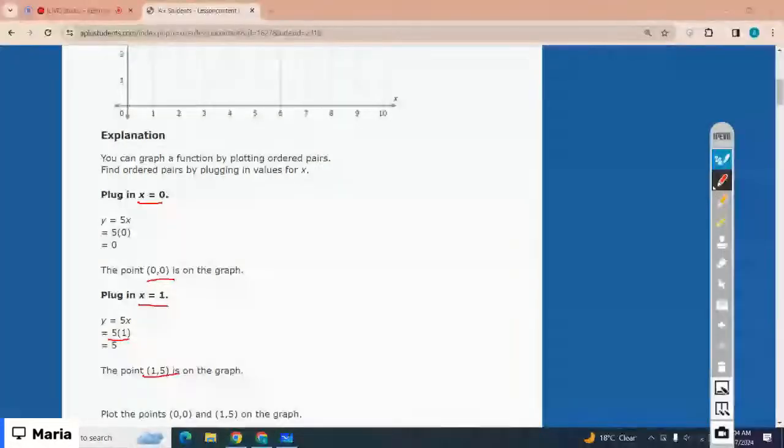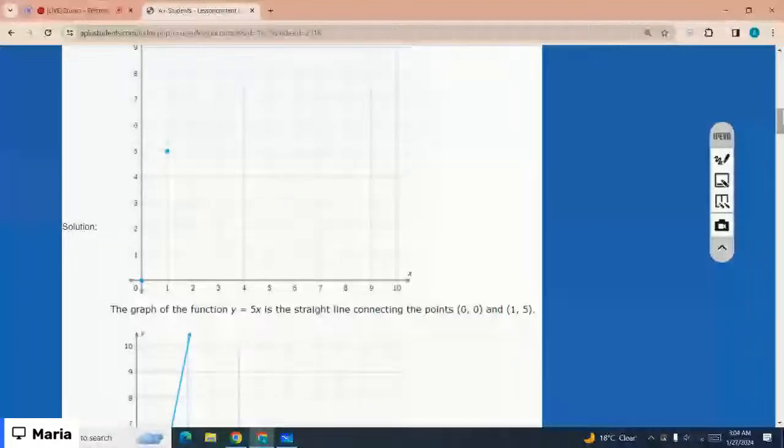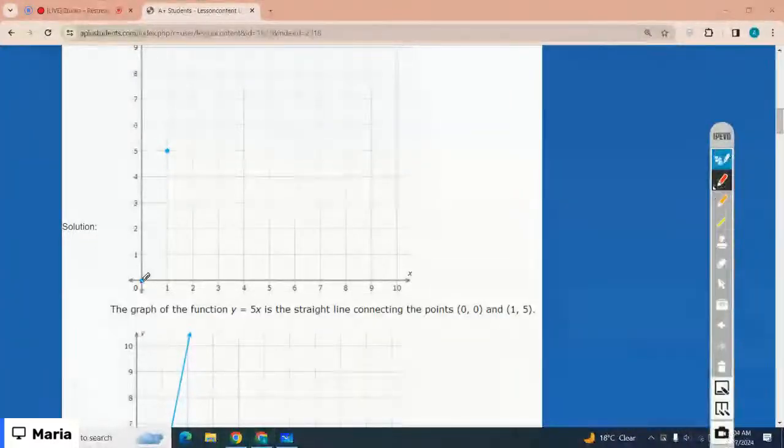Now you have 2 points, 0, 0 and 1, 5. Ordered pairs: when x is 0, y is 0. When x is 1, y is 5. So you have to plot these 2 points on the graph and join them to make a line. Here is a point 0, 0, and here is another point where x is 1, you put on the x-axis, and y is 5.